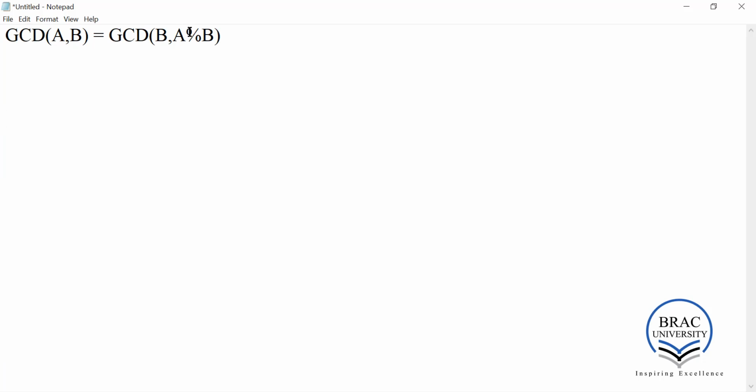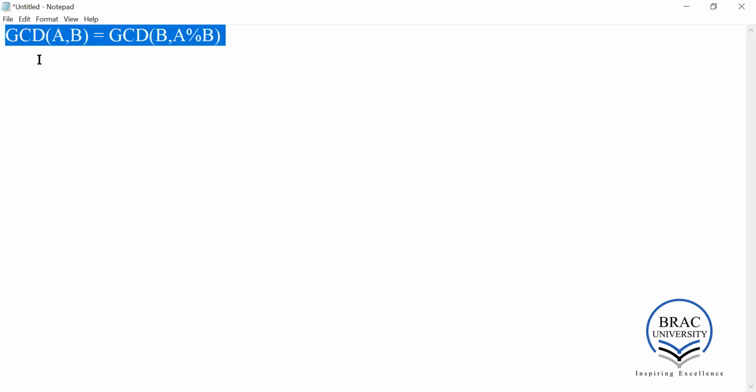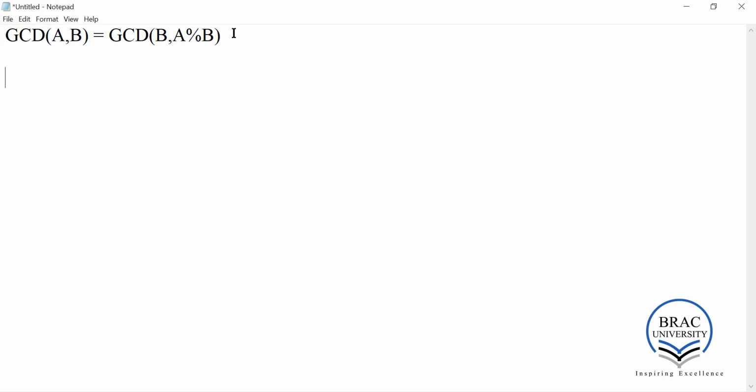So I have written the rule here that GCD of A, B equals GCD of B comma A mod B. This is a formula. So if I try to find out the GCD of 50 and 15, you need to follow this rule.